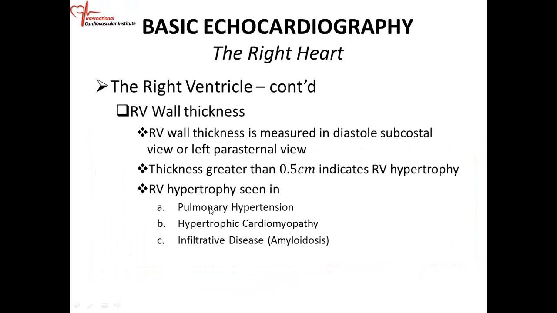I know there's pulmonary hypertension there, but it's mainly pulmonary stenosis, and then infiltrative disease. That means some substance is getting into the muscle, so that can also cause thickening. And the prototypic infiltrative disease is amyloidosis.